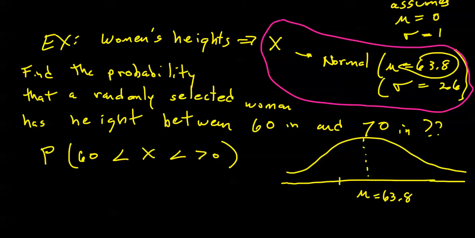And if I draw 60 inches, it'll be left of the mean, somewhere down here, and 70 inches will be somewhere further to the right of the mean there. And remember, the area under the distribution function between your limits of interest is the probability that I seek. So let me shade in this area.